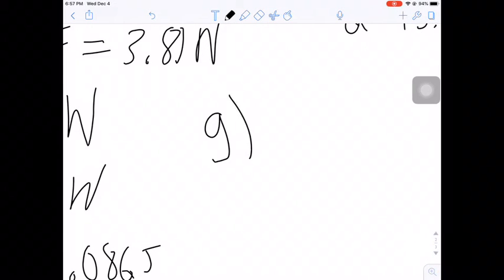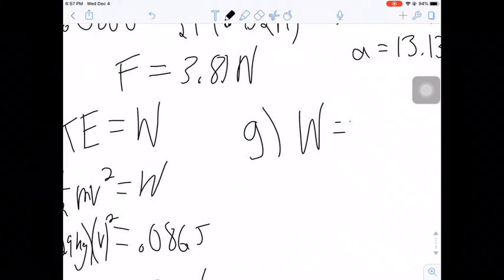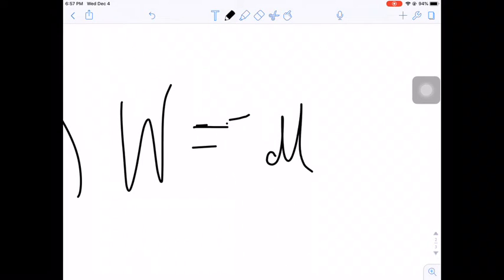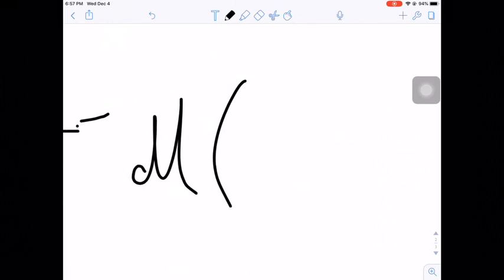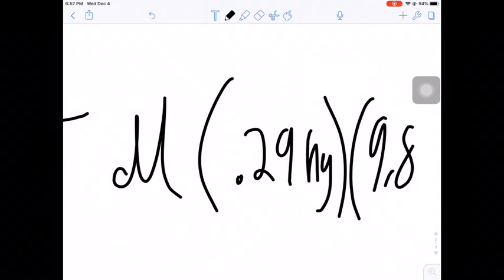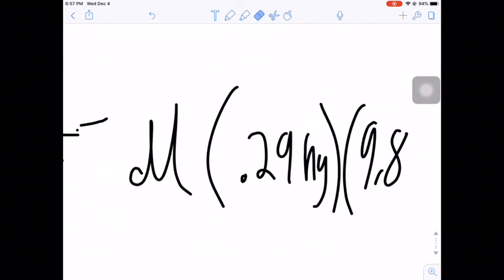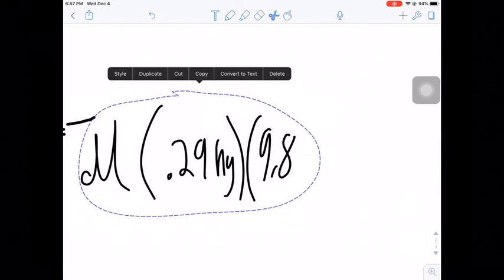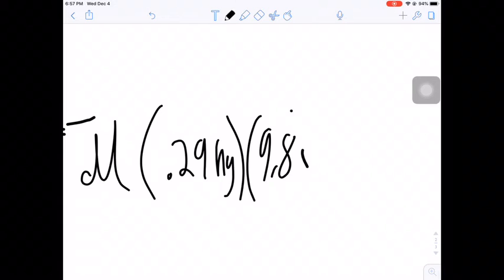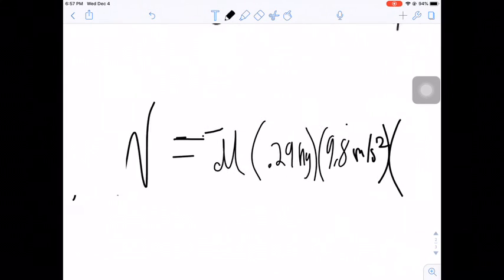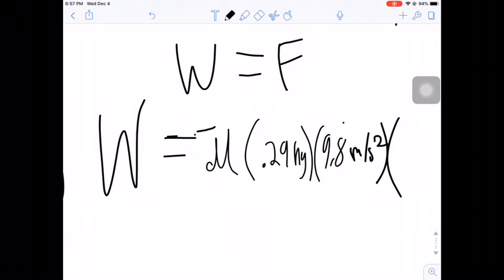Work is equal to the static coefficient times the mass, 0.29 kilograms, times 9.8 for gravity, times x, because work is equal to force times displacement.